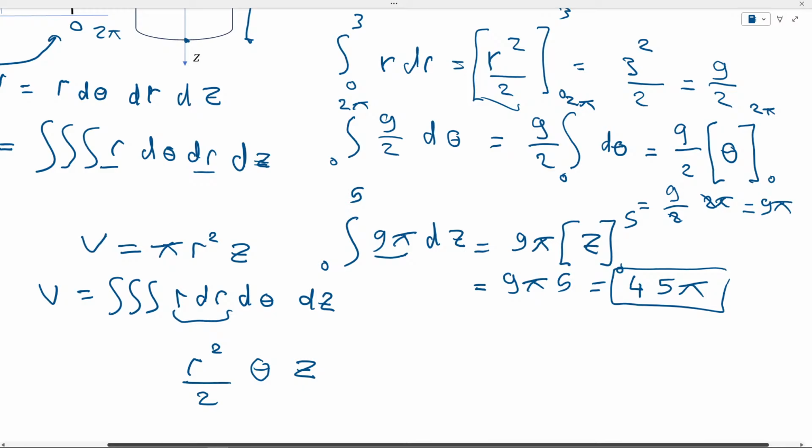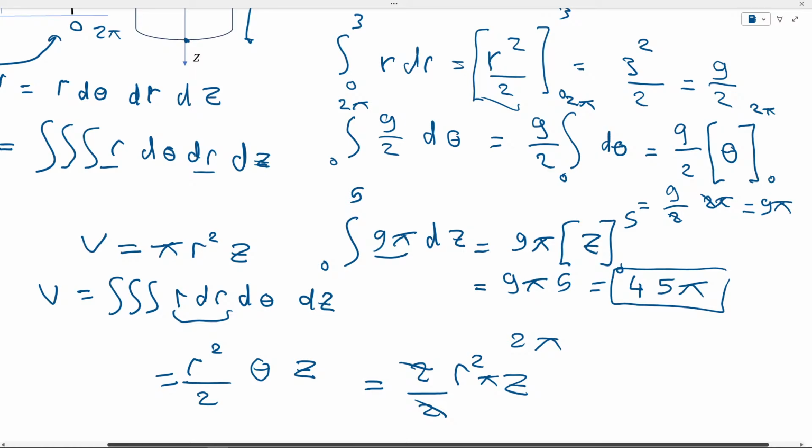Theta would be 2 pi, so that would be 2 r square over 2 z. The 2 goes away, so you get pi r square z.